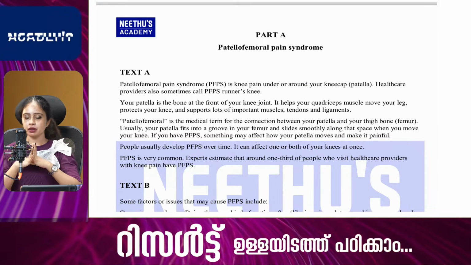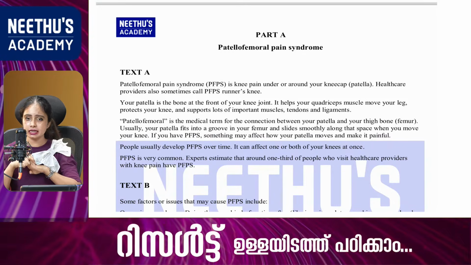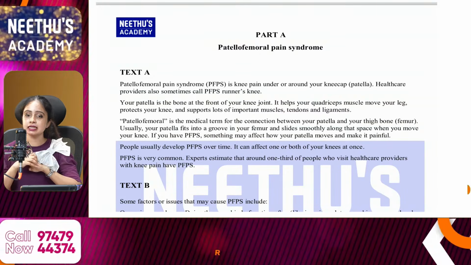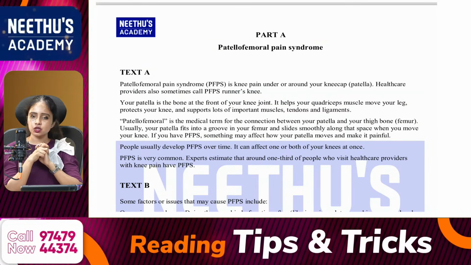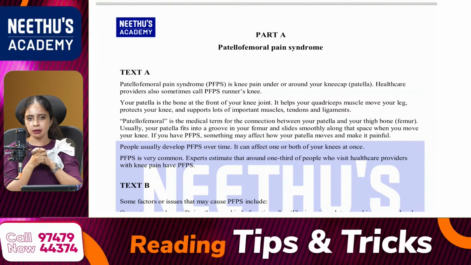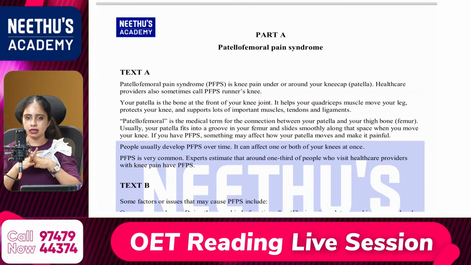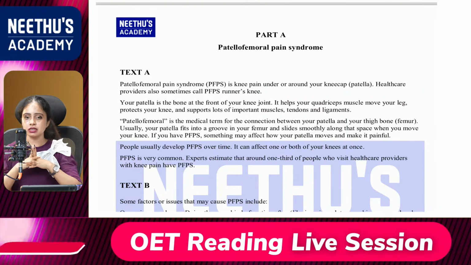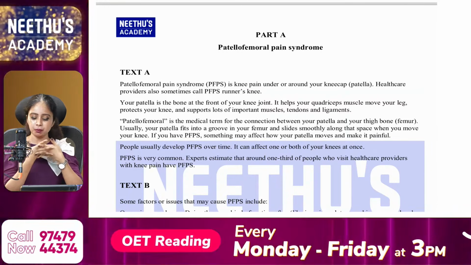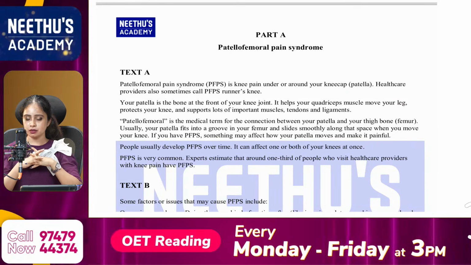Then the fourth point, all the signs and symbols, not symptoms. For example, as I already mentioned in previous sessions, greater than is a sign and percentage is a symbol. So it's very important to mark all the signs and symbols.